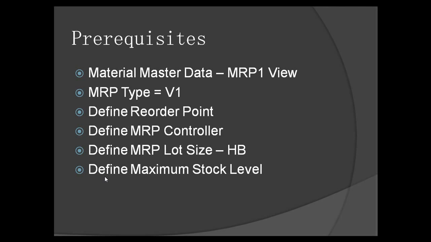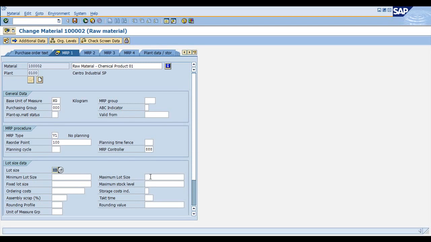And we must define our maximum stock level. You can do that here. In our example, we were working with 500. We have more fields here, but for the sawtooth, only this information is necessary, I believe.